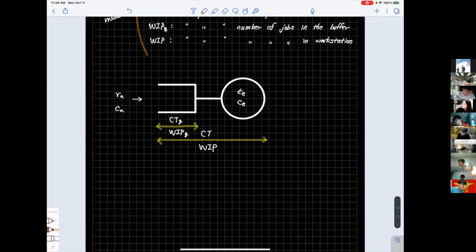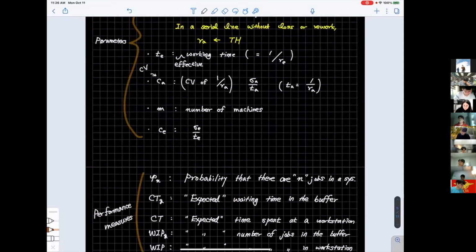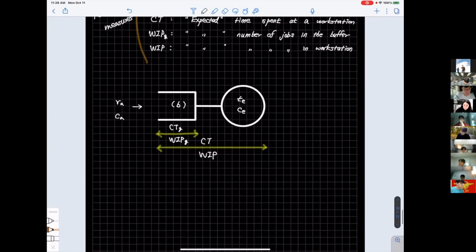Also, we can confine the size of the buffer, but we will not treat this model in this lecture. Also, the number of machines in the process will be modeled as parameter m.